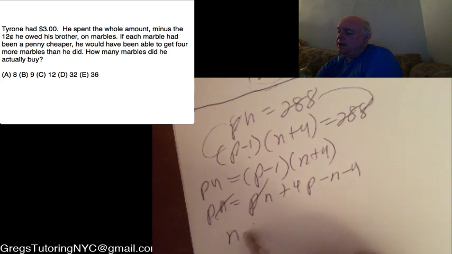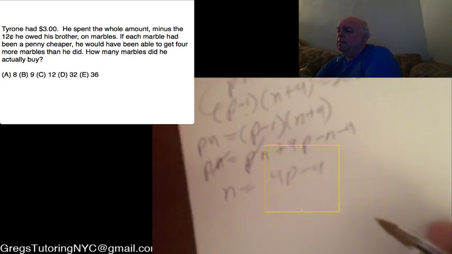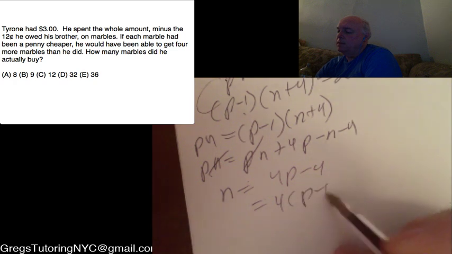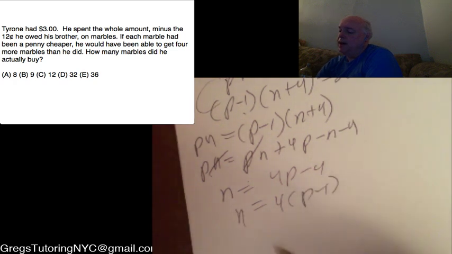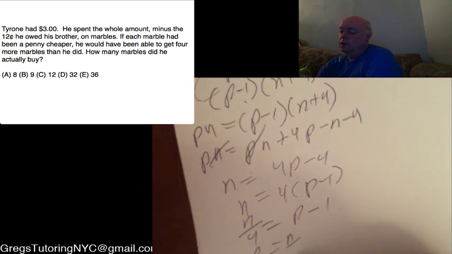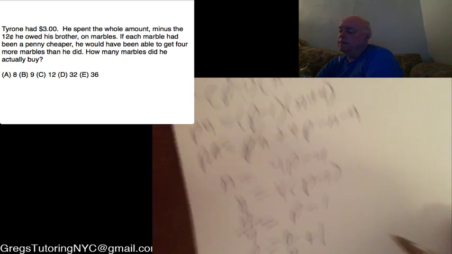So we get N equals 4P minus 4. And if we reverse the distributive property, because that comes up often, we get N equals 4 times P minus 1, and divide both sides by 4. N over 4 equals P minus 1, and then P equals N over 4 plus 1. All right?